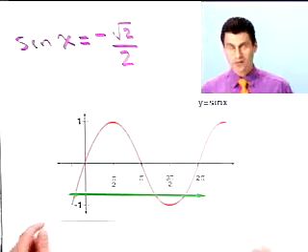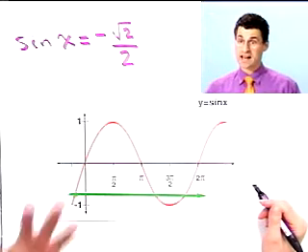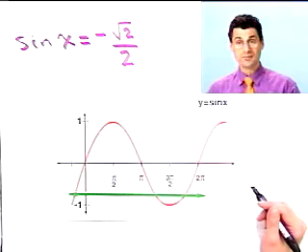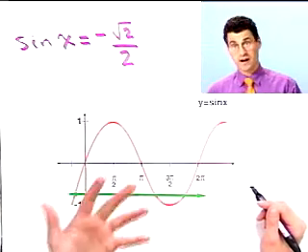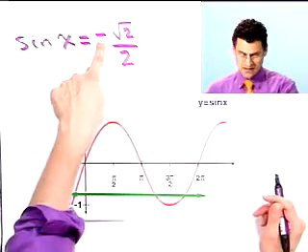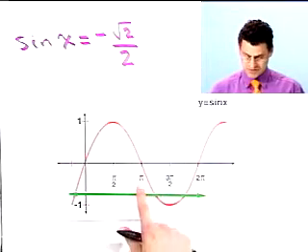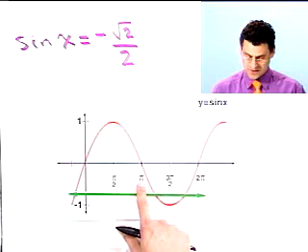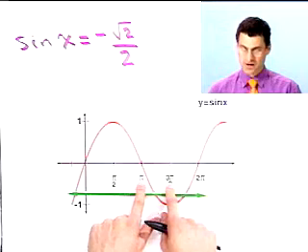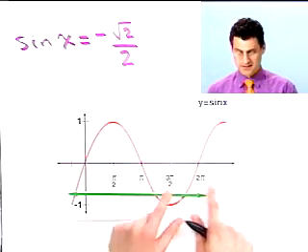So how do I find this? Well, first I look at the reference angle. I ask, where does sine of x equal square root of 2 over 2? Well, that happens at 45 degrees, or pi over 4. But now I see the sign is negative, so which quadrant should I be in? Well, this actually tells me which quadrants I should be in. I should be in the pi to 3 pi over 2, that's the third quadrant, and 3 pi over 2 to 2 pi, that's the fourth quadrant.